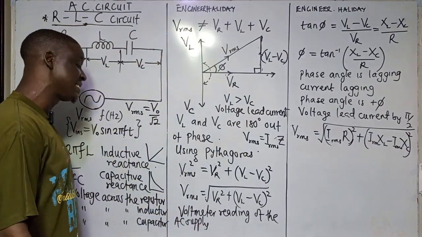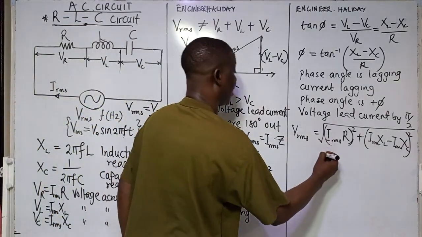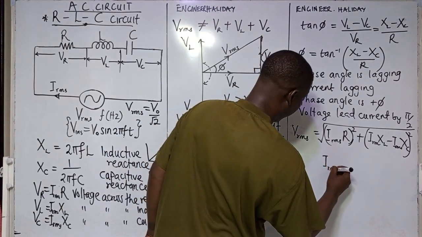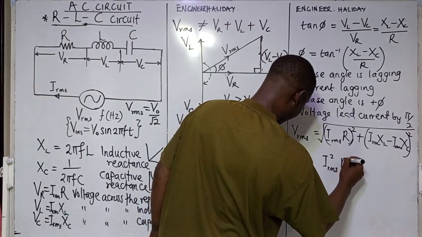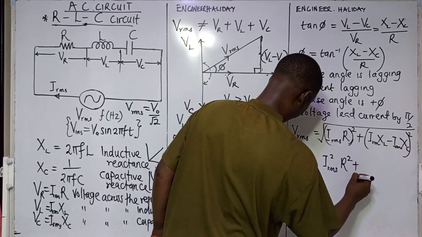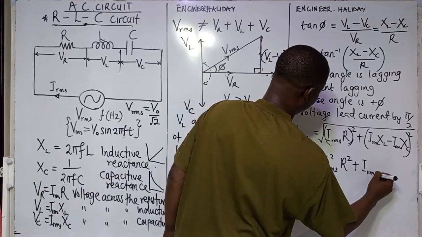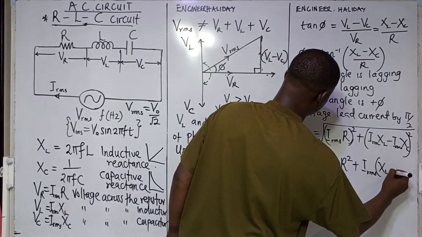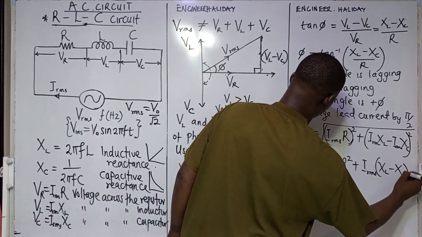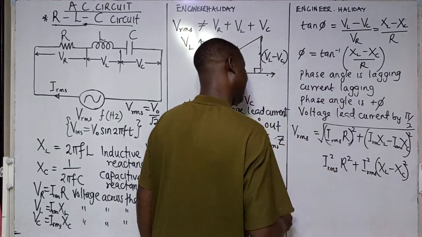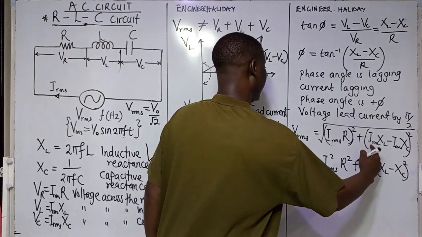Now, if you work this out, you are going to see that this can also give us IRMS squared R squared plus IRMS squared into bracket XL minus XC all squared. It can still come out like that because it's common.